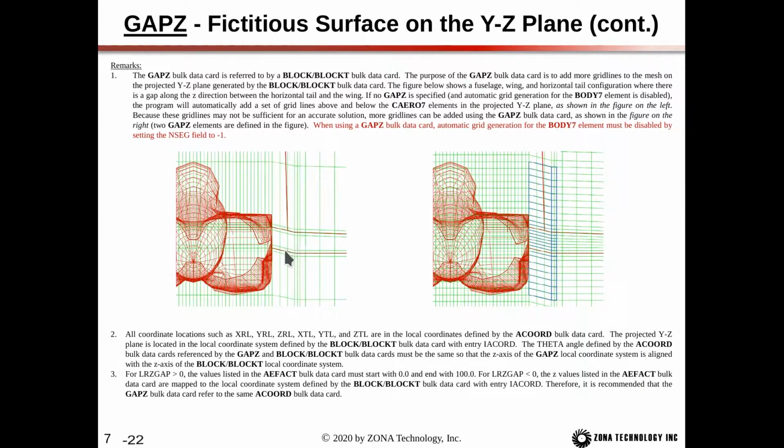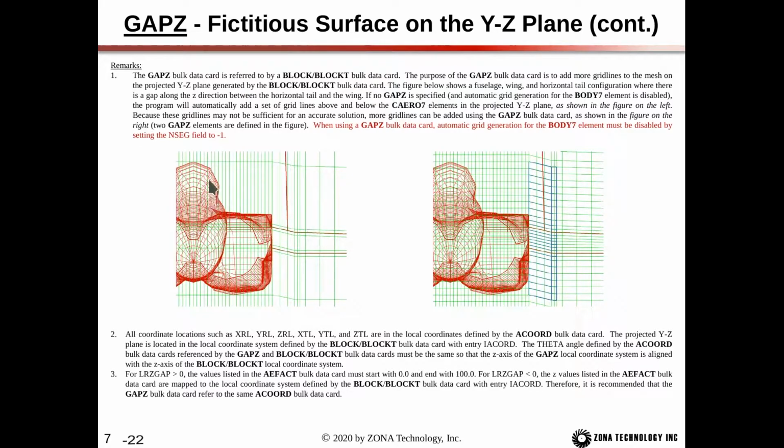And then we have our horizontal tail here and our wing up here. You can see that the wing and the tail automatically will add some grid lines above and below the wing and the tail, as shown here.